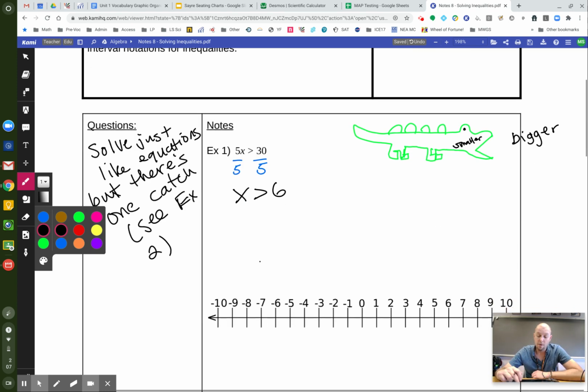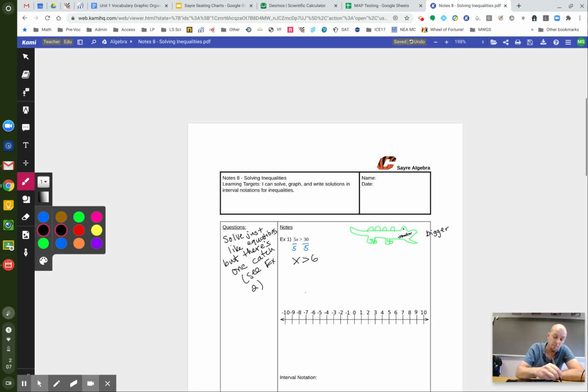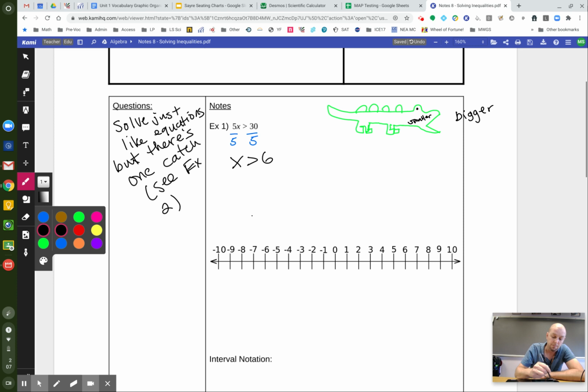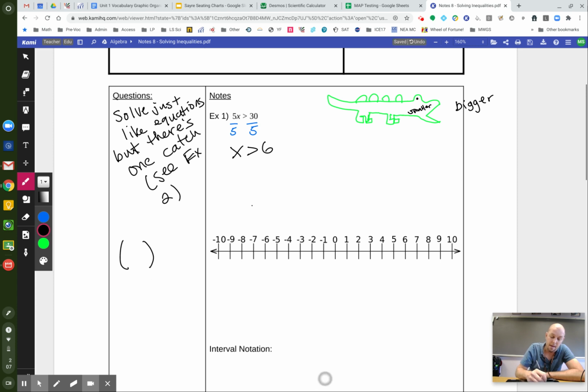All right, so now we're going to graph this. In case you forgot, I'm going to put over to the side a few things to note. When you have a parenthesis, that goes with those two symbols, and brackets go with the equal to sign.